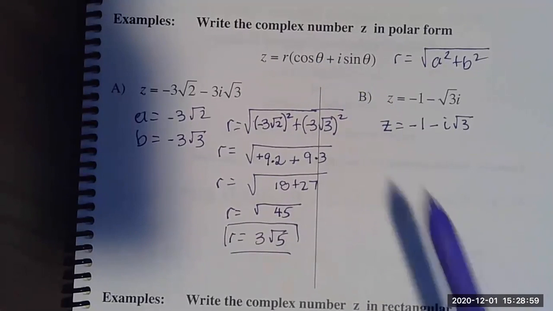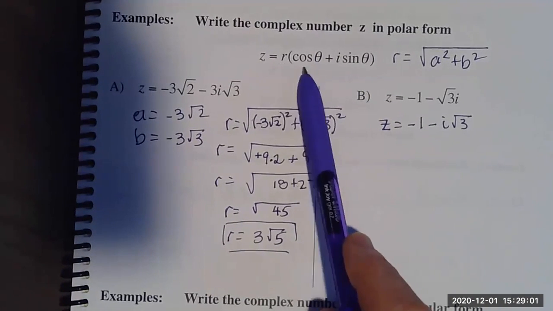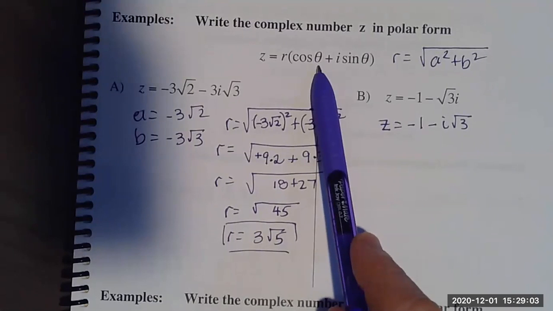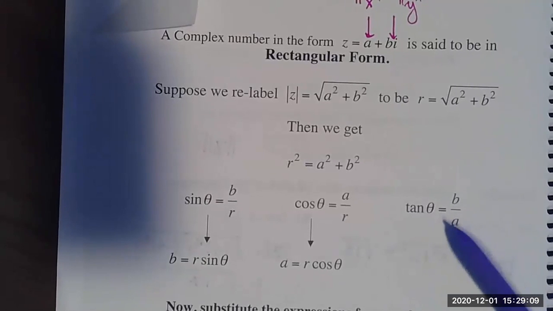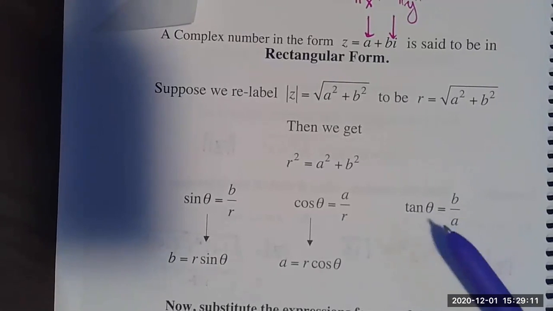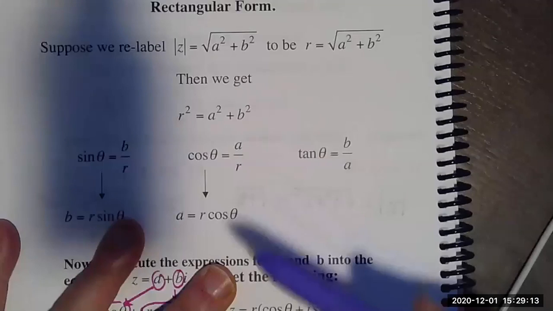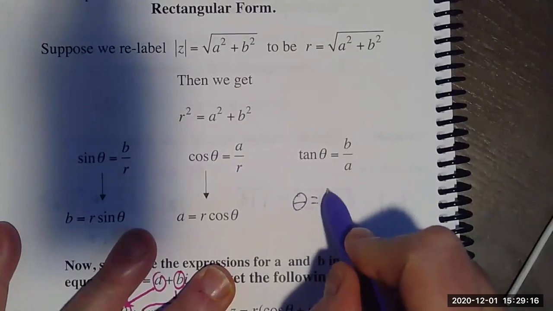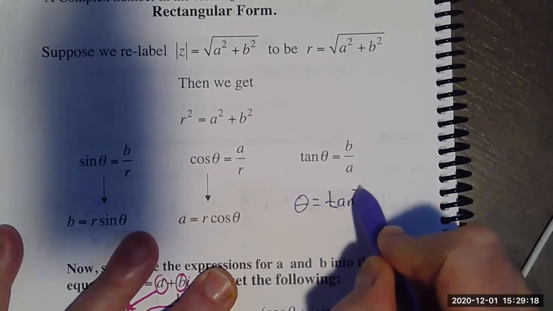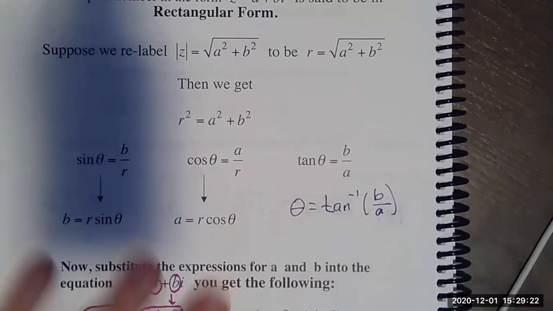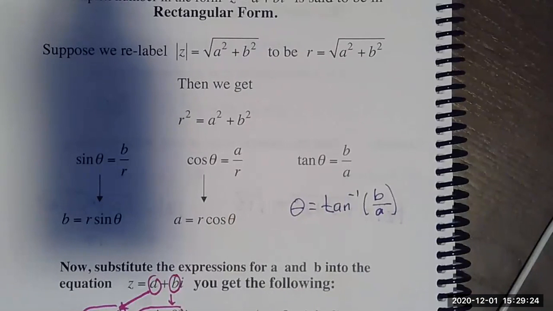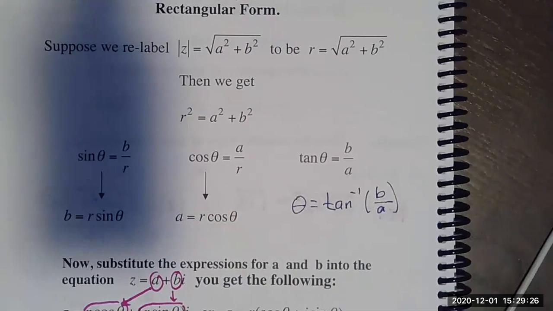So what am I trying to do? I'm trying to put a number there and try to find the angle. The angle theta goes back over here. We're going to use this one because you're going to take the tan inverse. So to solve for theta, you move the tangent to the right-hand side. You've done that before.